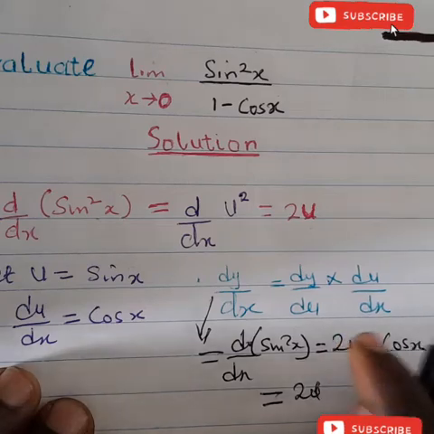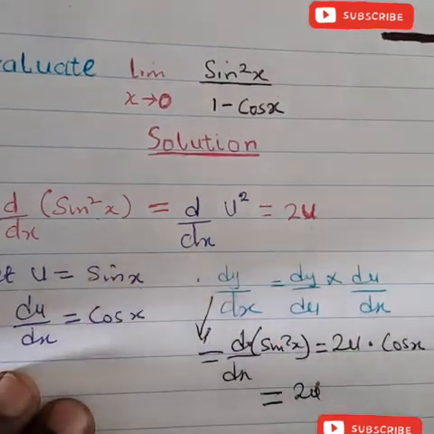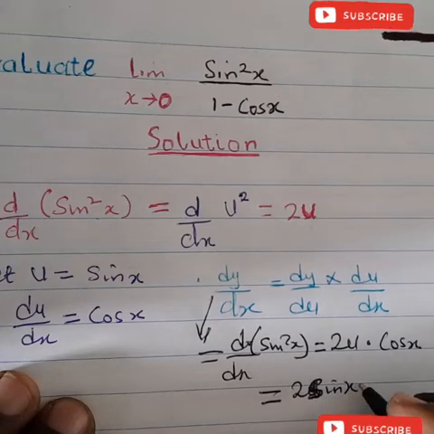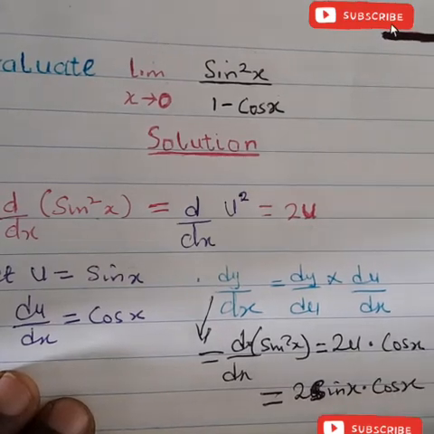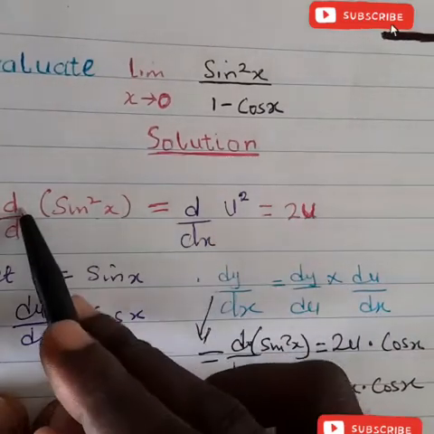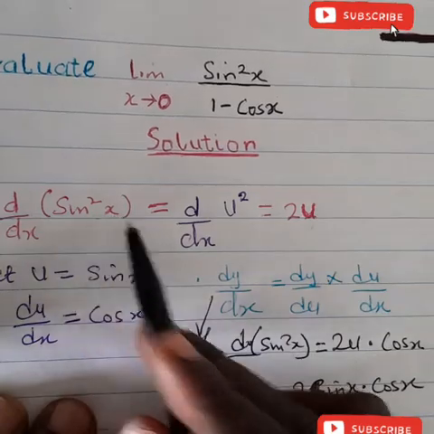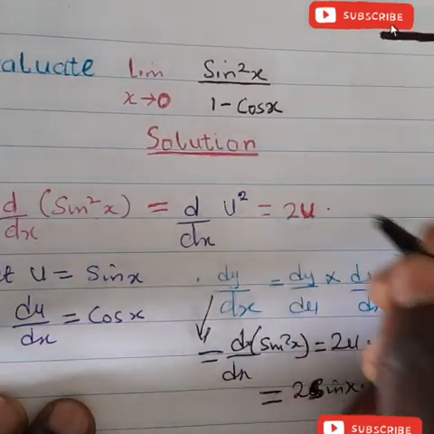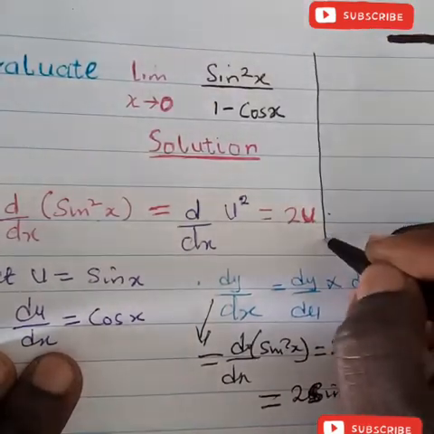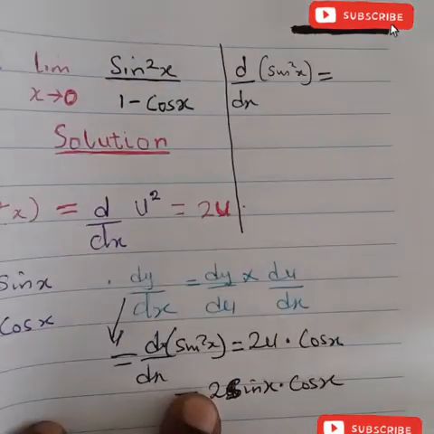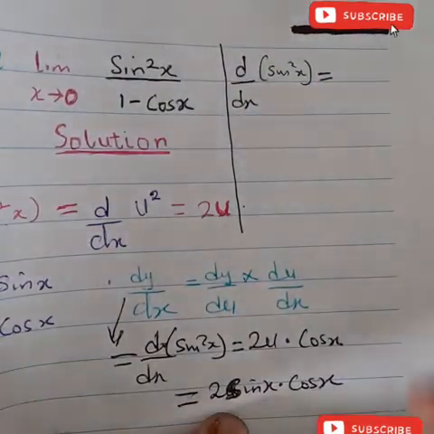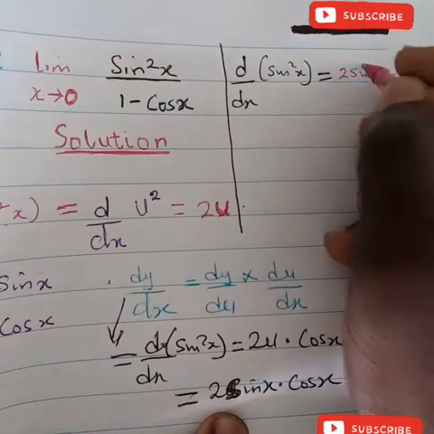The value of u is sin x, so I'm going to have 2 sin x times cos x. Let me write this way: d/dx of sin squared x is equal to 2 sin x cos x.